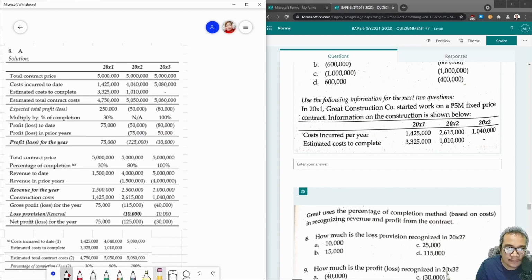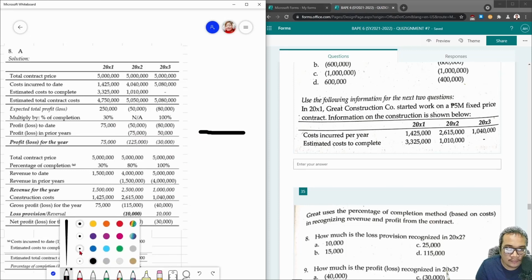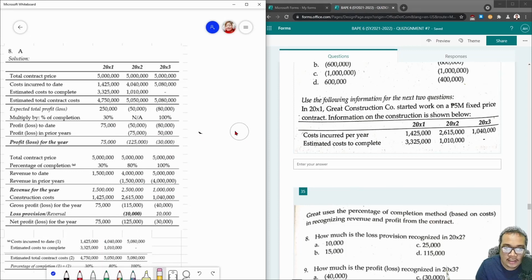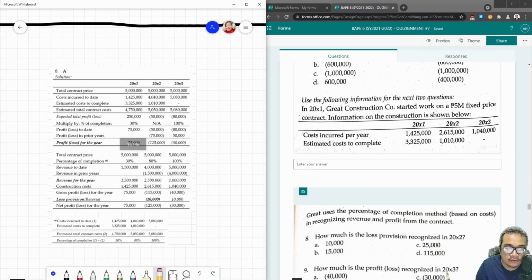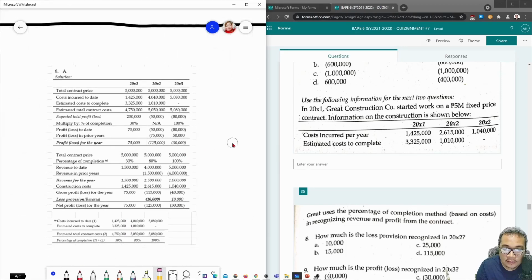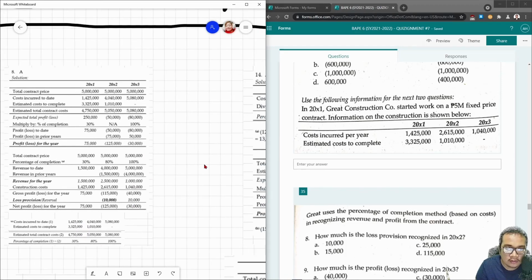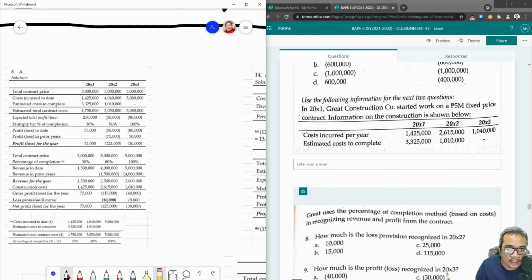Ganito na yung kasimple. Kasi at first, ang recognition mo is 75K profit. Ngayon, 20x1 to, 75K profit.